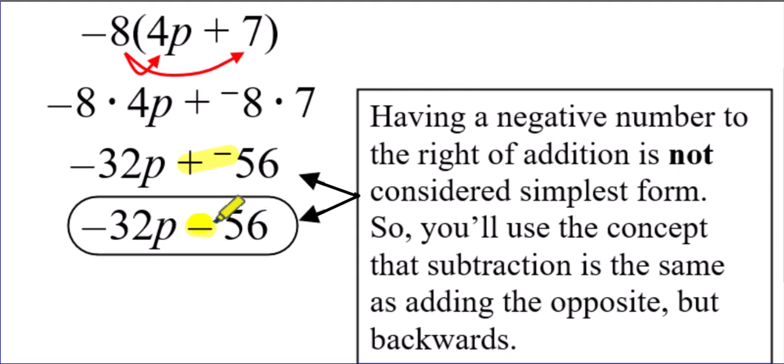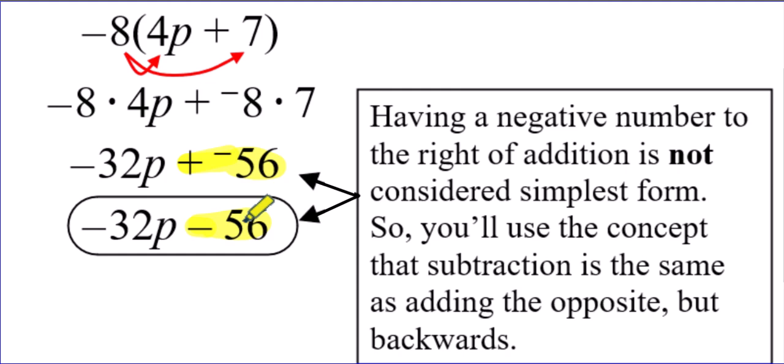So subtracting by 56 is the same as adding by negative 56, but we're doing it backwards so we could get an answer that looks just a little bit simpler. Instead of having 2 symbols here, plus and negative, it's just 1 symbol, and that is minus, and then you have the regular positive 56.